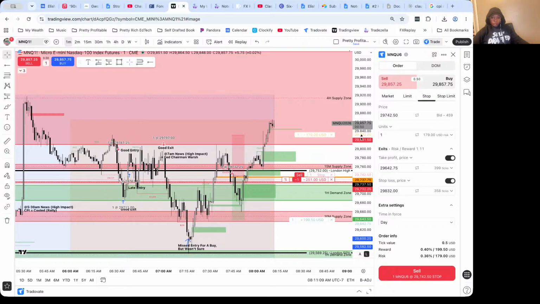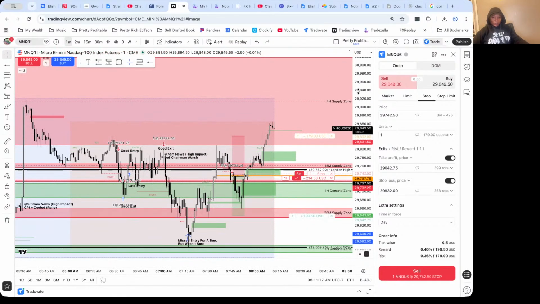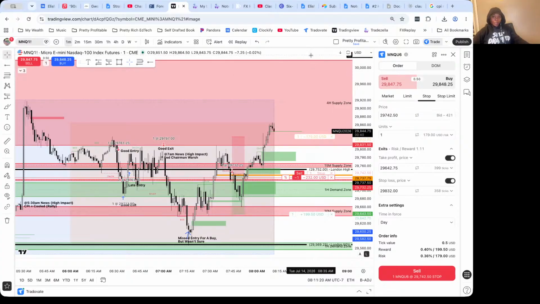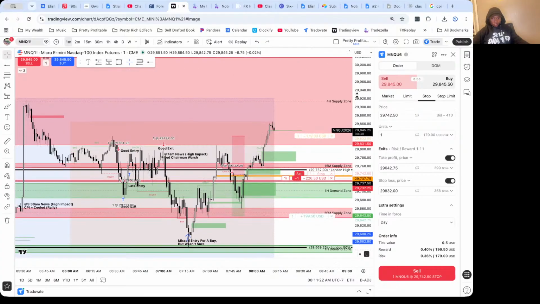Two, the highest that it went today was the middle of the supply zone, but technically my stop loss could be at the top of the supply zone.